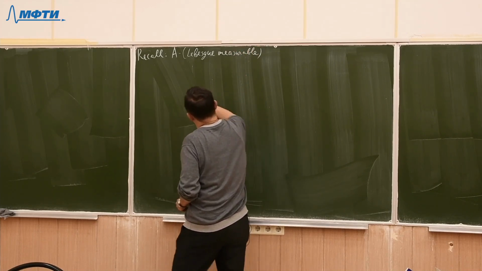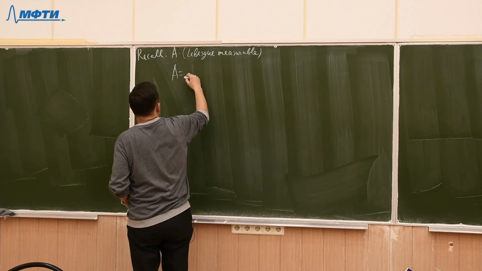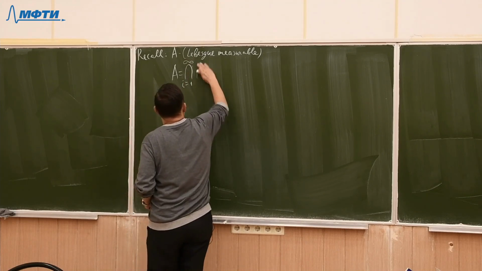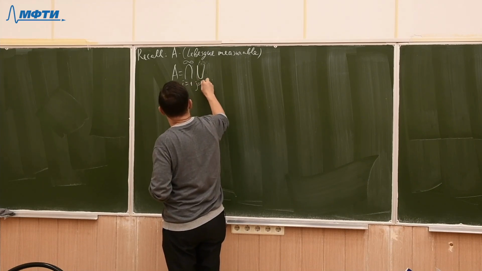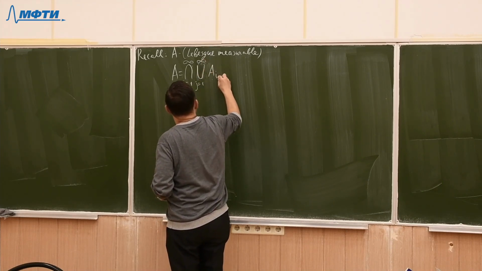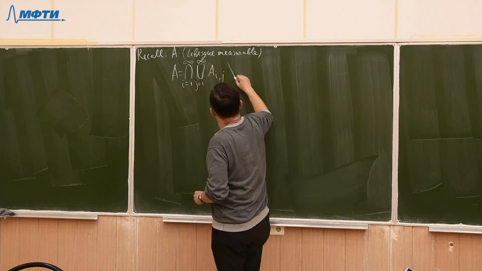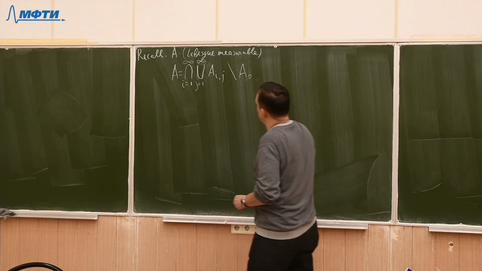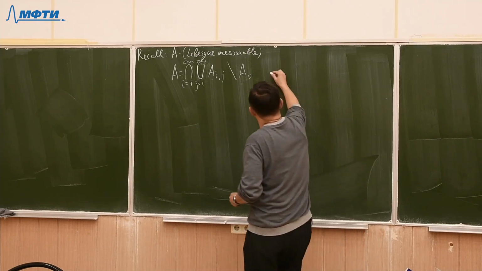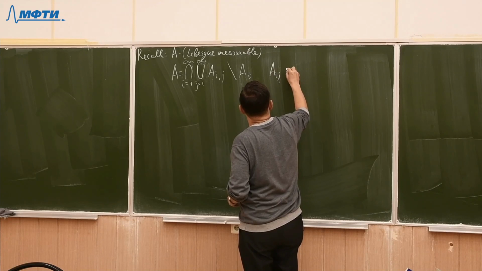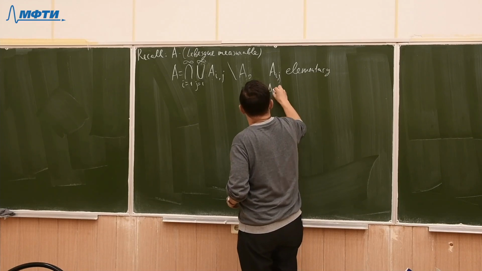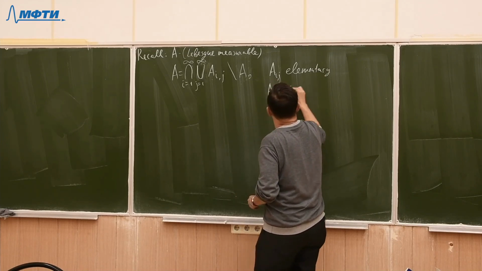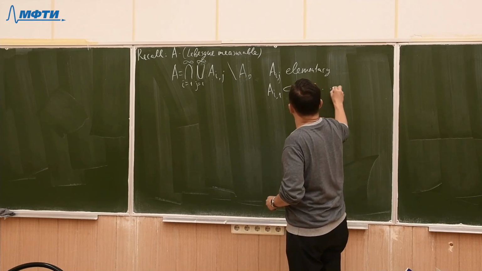Then we could represent it as follows: the intersection of unions of A_ij, without A_0, where the A_ij are elementary and A_i1 is included into A_i2 and so on.